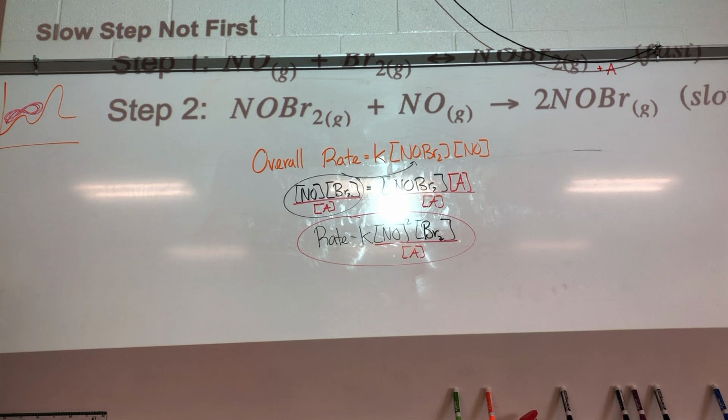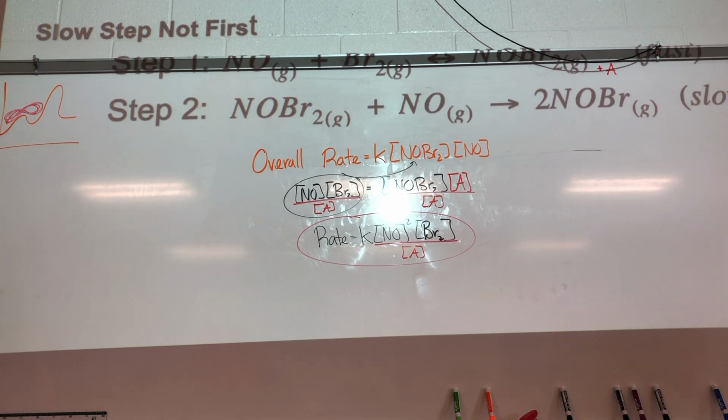Or would you have to separate those and then divide only one of those NOBRs? Does that make sense? No, I lost you. Do you want to come show me? Are you saying like if A was NO instead of an A?